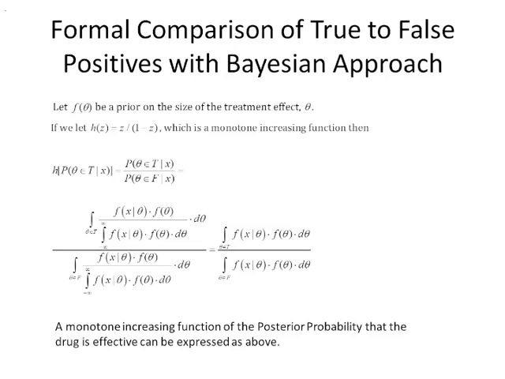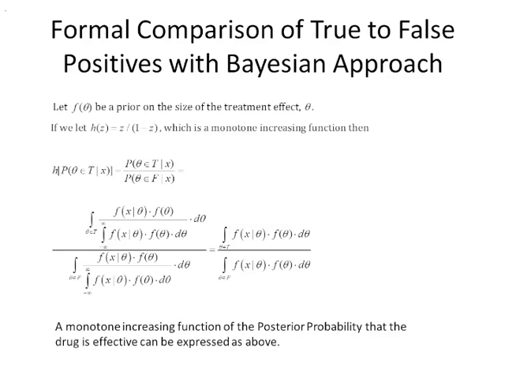we get the ratio of the posterior probability that the drug is effective given x to the posterior probability that the drug is not effective given x. And this ratio of probabilities can be rewritten as we have here in the last line of equations on the slide.